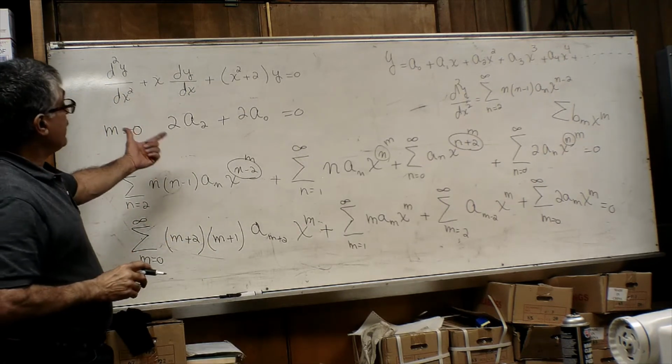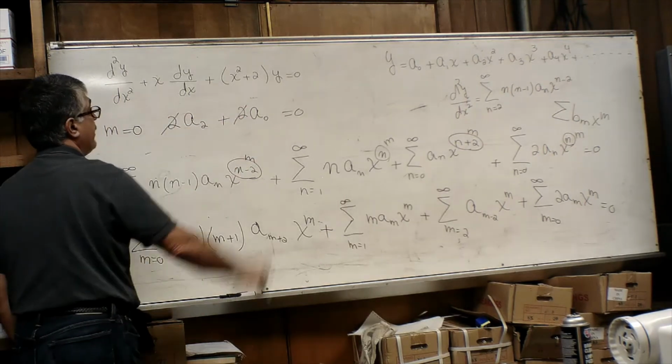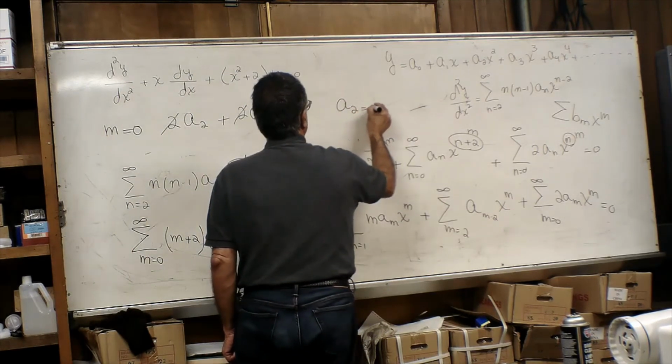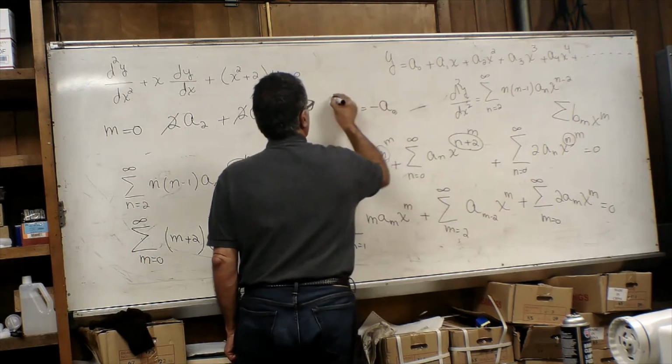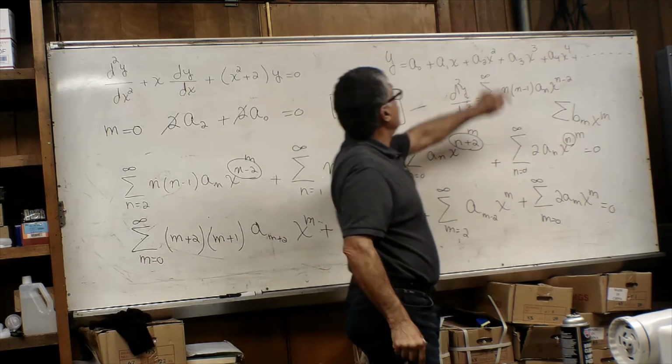If we divide both sides of this equation by 2, the 2's will cancel out. So a2 will be equal to minus a0. So we have found the value for a2.